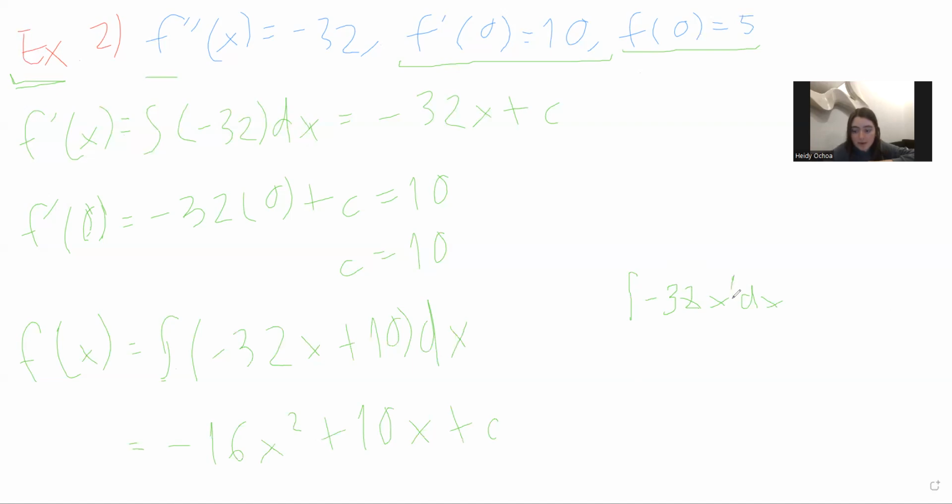Right here we have an x to the power 1. So in this integral, we need to add 1 to this exponent 1. So it will result in x^2. And this 2, we place it at the beginning of this minus 32, but as a fraction, where you have 1 over 2 times minus 32x^2.